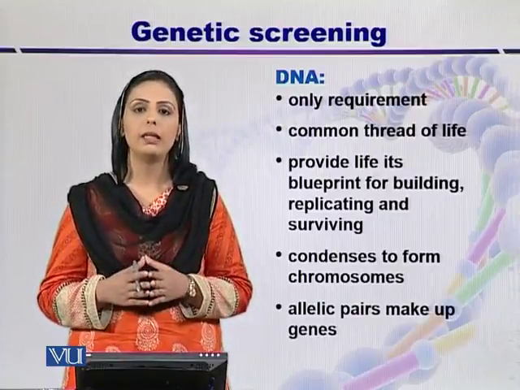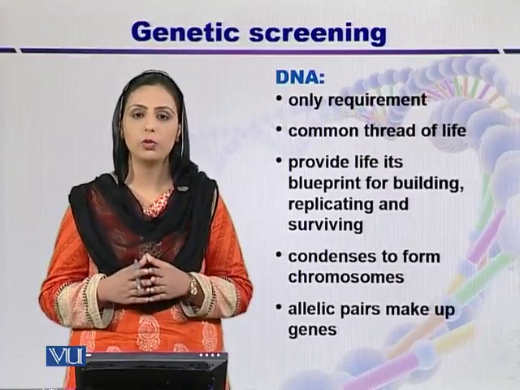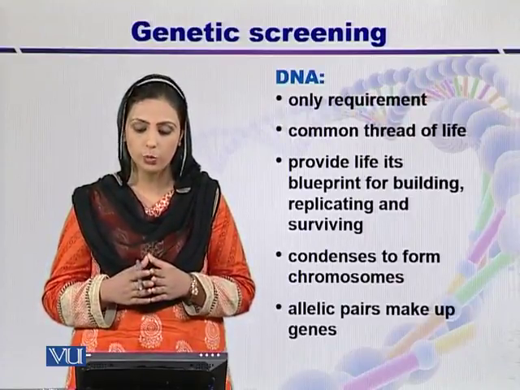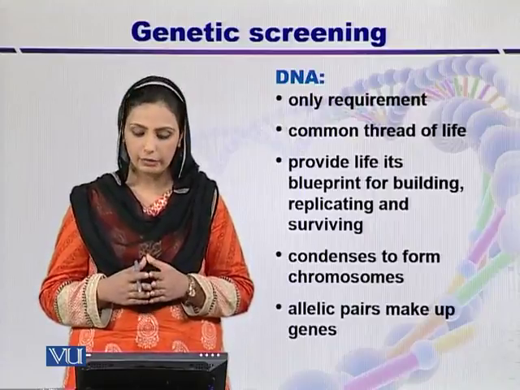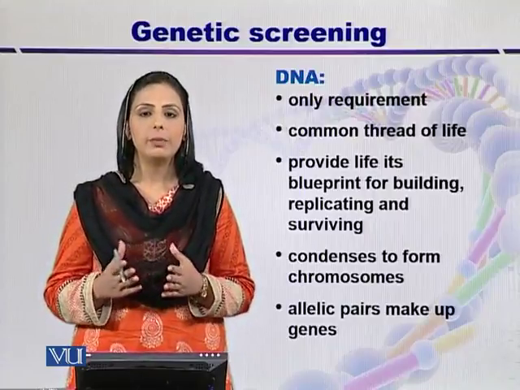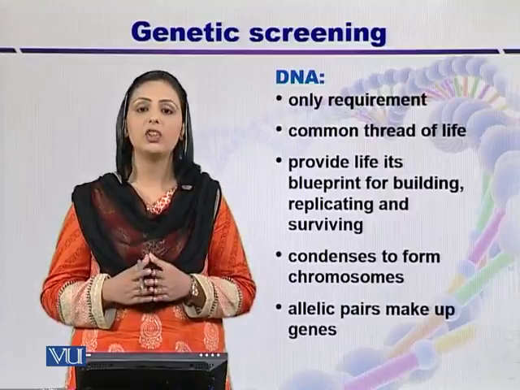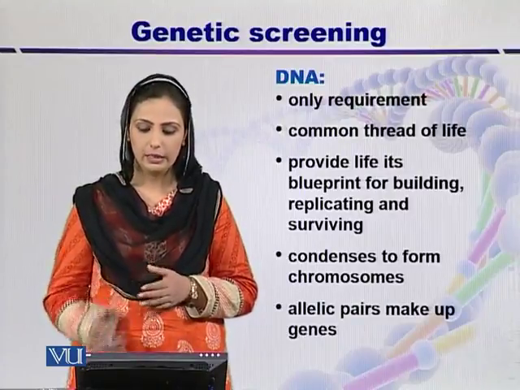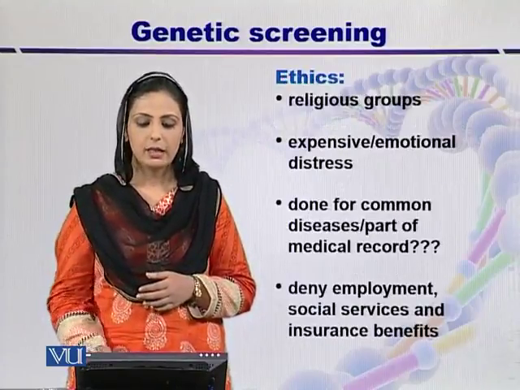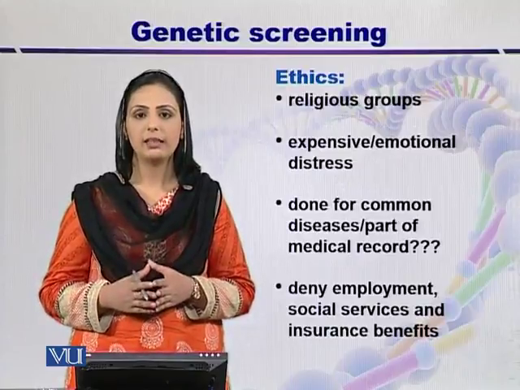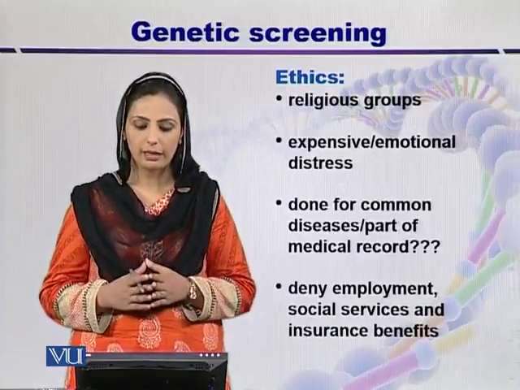In a human being there are 23 pairs of chromosomes, meaning 46 chromosomes in each individual. Then allelic pairs make up the gene, and the gene is the unit of heredity. So DNA is used in genetic screening to unlock the mystery of life.